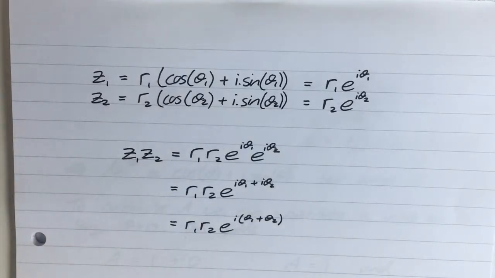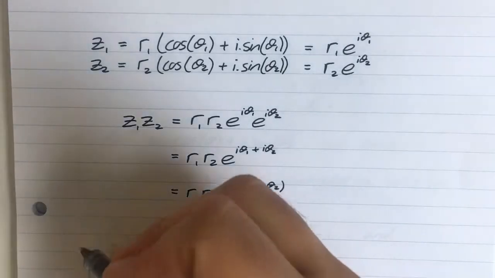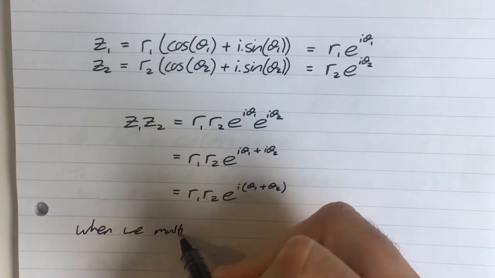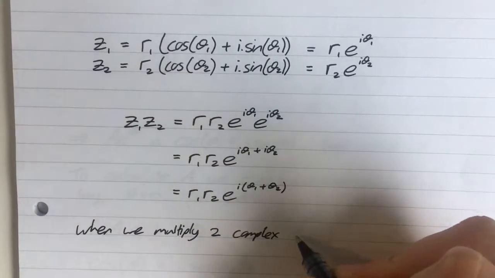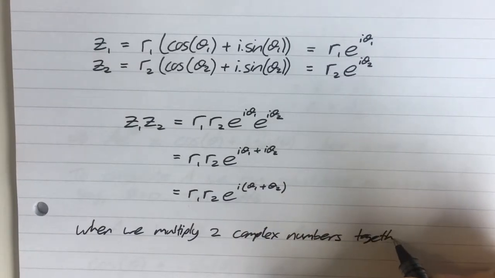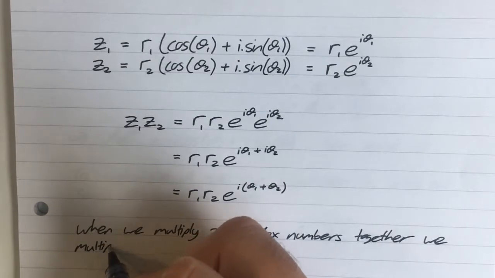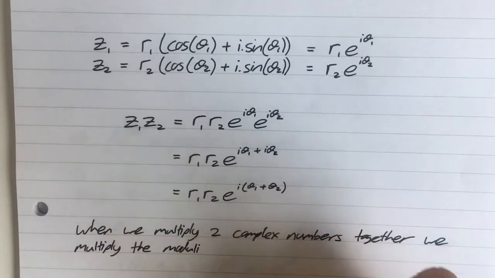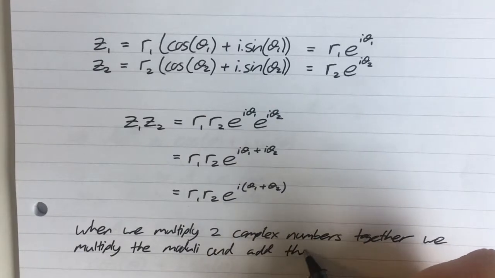So essentially, what that says to us is when we multiply two complex numbers together, we multiply the moduli, which is the plural of modulus, and add the arguments.